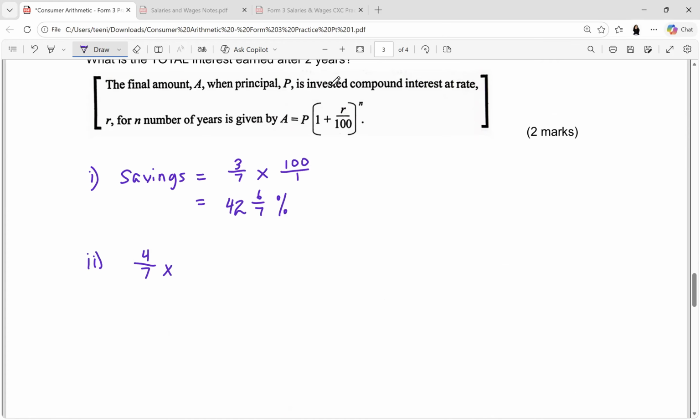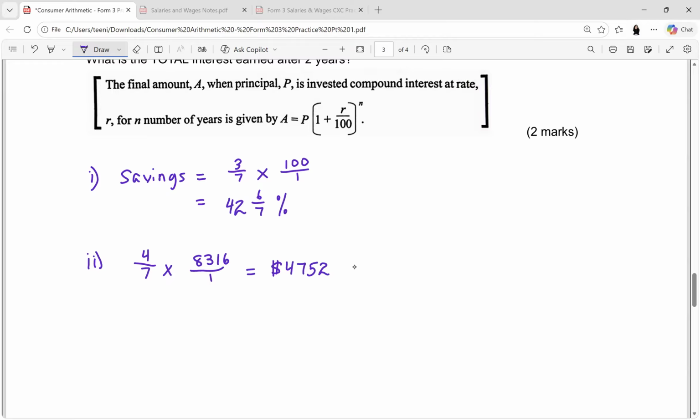So we're going to do 4/7 times 8316, and that would give me 4,752.